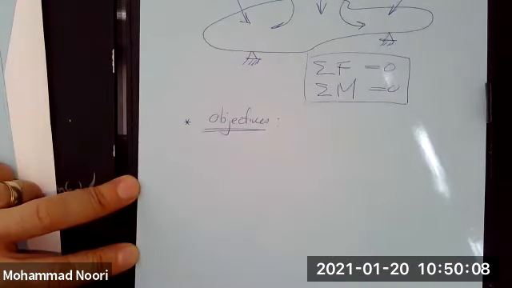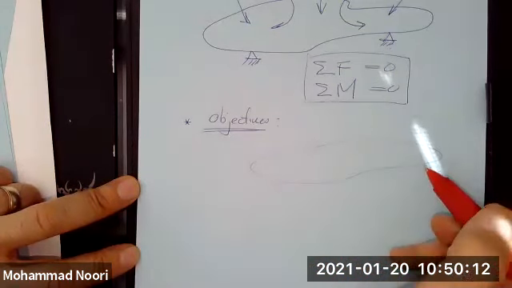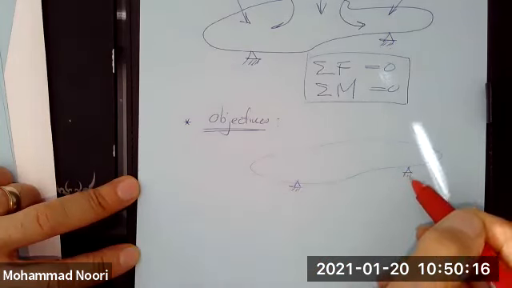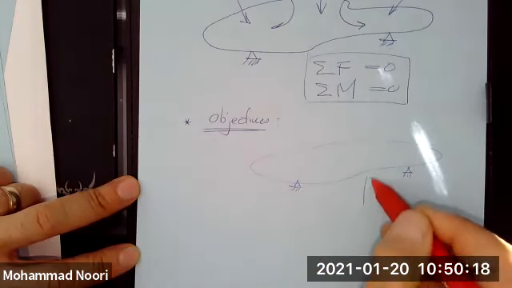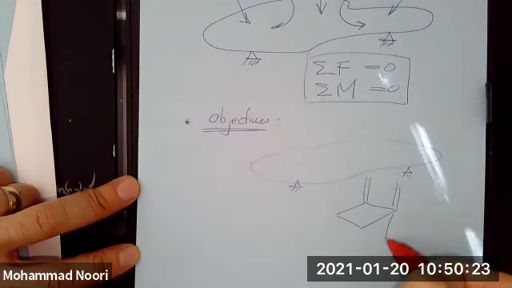What are these objectives? If you have an object, let's say a chair, this chair is supported externally. That's not, of course, a chair. This is a chair, right? All right, that's not what I meant.